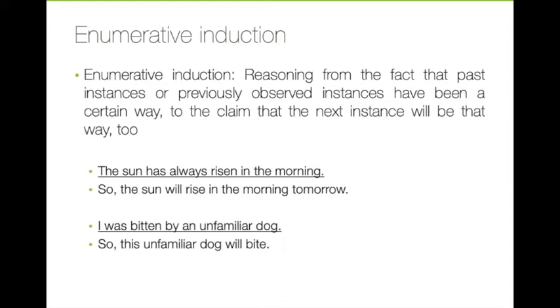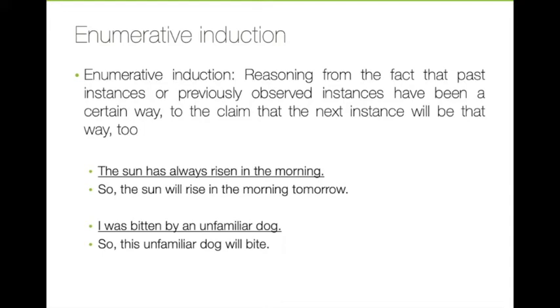For example, we can reason from the past instances of the sun always rising in the morning to the fact that we'll observe the sun rising in the morning tomorrow too. Or we might reason from being bitten by an unfamiliar dog in a past instance to the likelihood that we'll be bitten by an unfamiliar dog in a new instance.